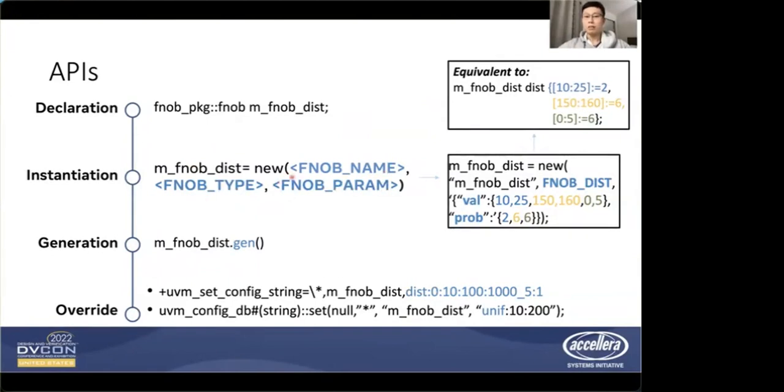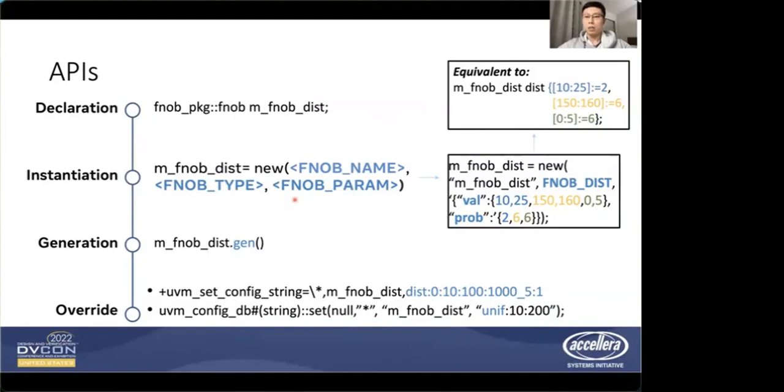Third one is Fnob parameter. This parameter depends on the type of the Fnob you are defining. It can be only values, for example, if it's a constant or a uniform random, it only needs values. But it can also be both values as well as probabilities.